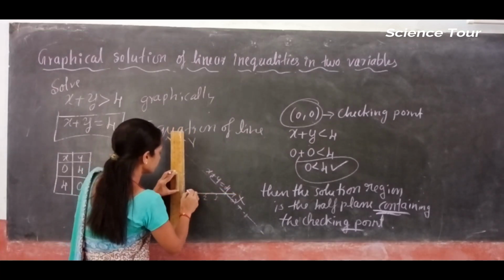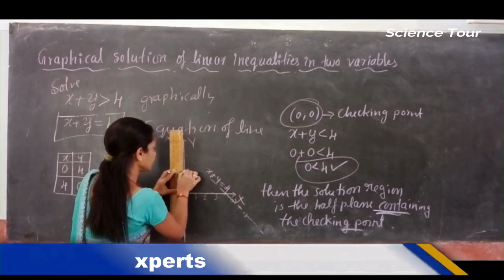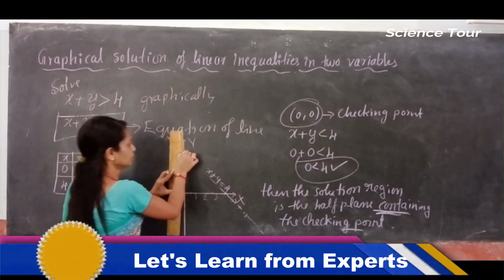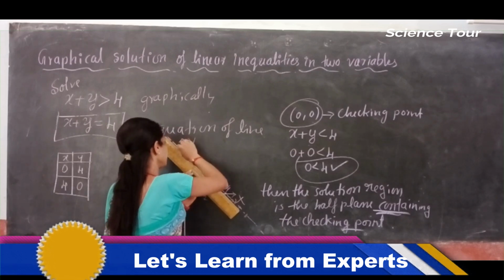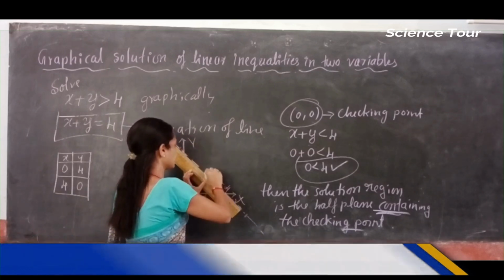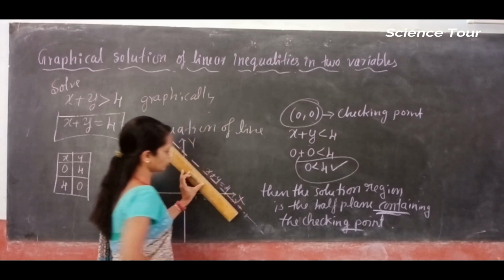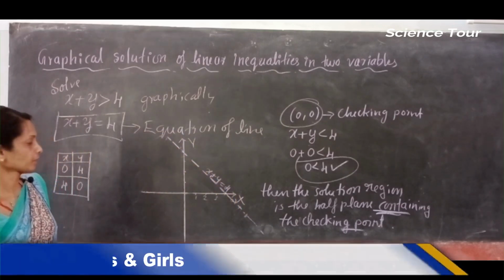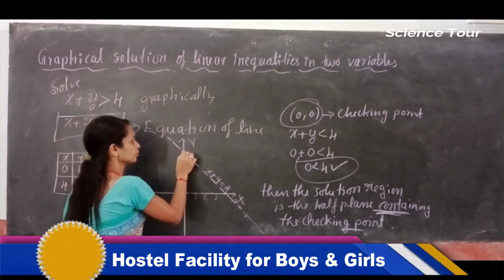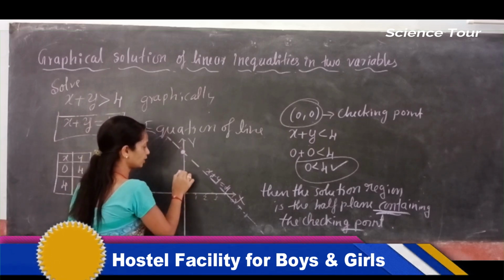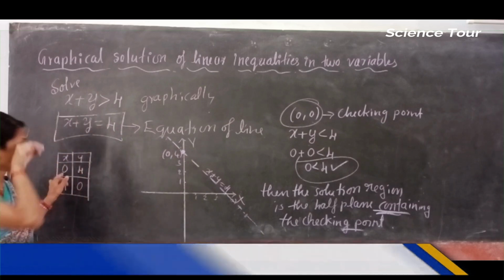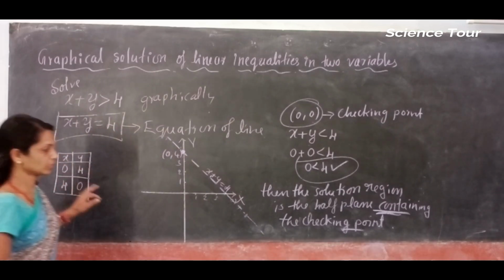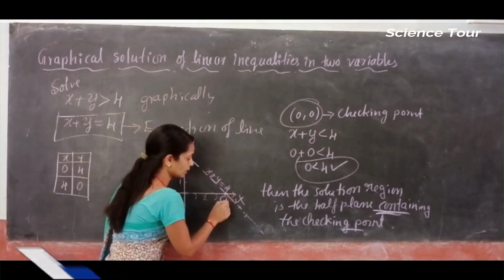To draw the graph of any line, you find 2 points of that line. Already we have 2 points, and you have to mark those 2 points on the Cartesian plane. Here you have the point, 1, 2, 3, 4. This is the point 0, 4, the first point of the table, and the second point of the table is 4, 0, that is here.